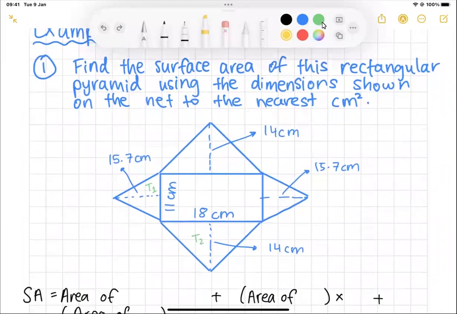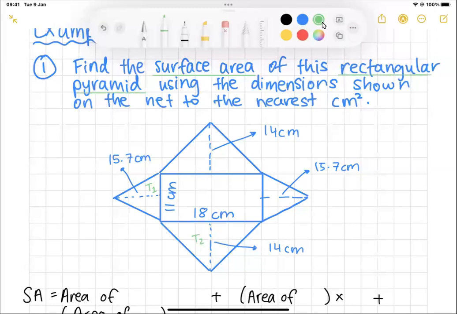nearest centimeter squared. So one strategy that I'm going to pass down to you is whenever you start reading the question, I want you to use a different colored pen, and I want you to highlight the keywords in the question. So for example, the keyword is surface area, because that's what we're trying to find, as well as rectangular pyramid, right?